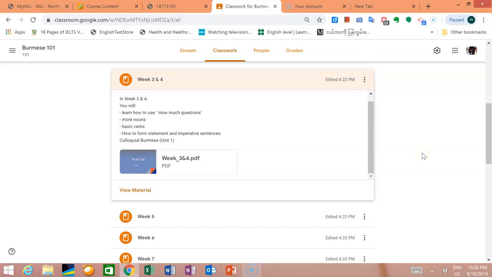For weeks 3 and 4, they learn to form how-much questions, and there will be more nouns, basic verbs, and how to form statements and imperative sentences. Learners are required to study Unit 1 from Colloquial Burmese, and we also provide the PowerPoint here.